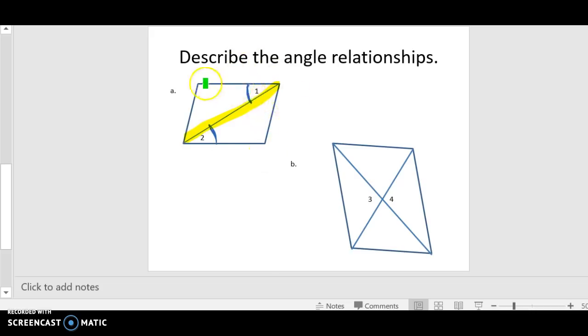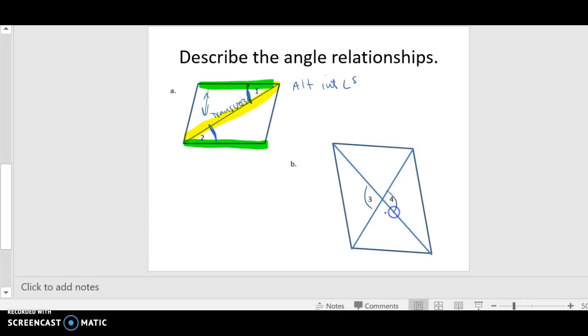Now this blue arc also touches this line. This blue arc also touches this line. So when I look at this, 1 and 2, this here is your transversal. 1 and 2 are on opposite sides of the transversal, and they're in between these green lines, so these would be alternate interior angles.